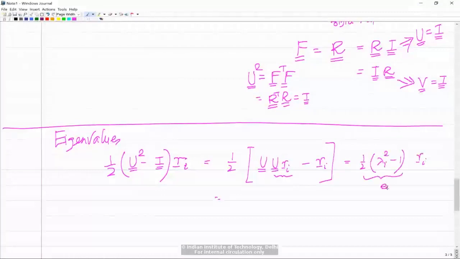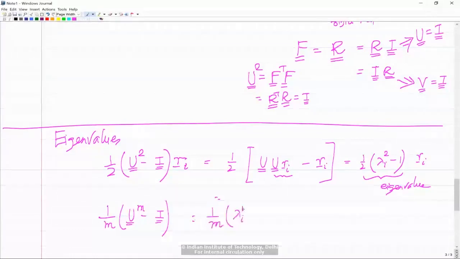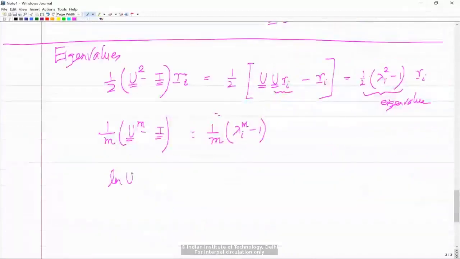So you can see this is the eigenvalue. Whenever you have a tensor formed by powers of the original tensor, the eigenvalues also have the same form. Similarly, for 1 over m, u to the power m minus identity, the eigenvalues, you can guess, are 1 by m lambda i to the power m minus 1. And for ln u, again you can guess, it is simply ln of lambda i.